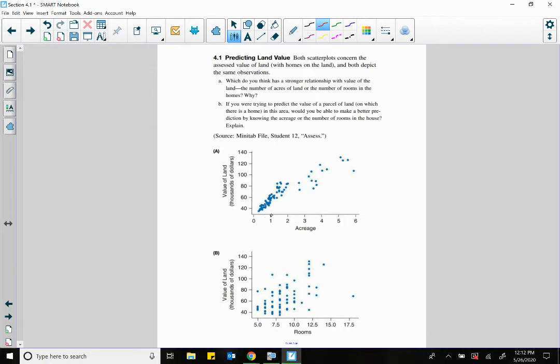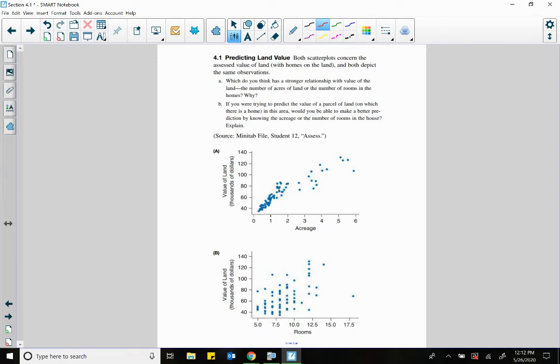Okay? So this is the amount of land you have, and this is the value of the land. This is the amount of rooms in your house, and this is the value of the land. So the difference between them is that one compares the amount of land versus the value, and the other compares the number of rooms versus the value.